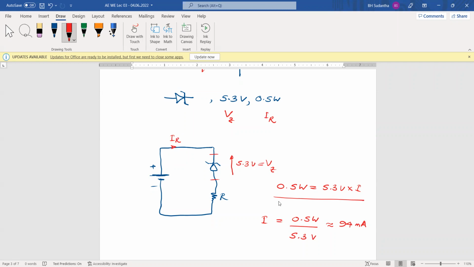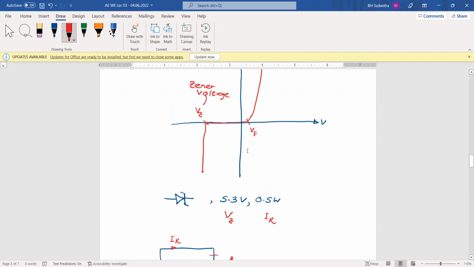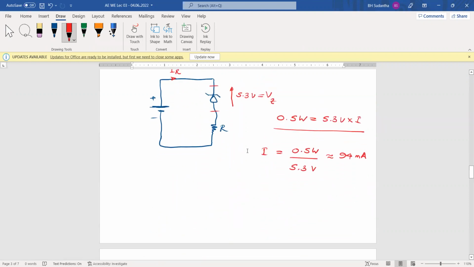When we reverse bias the Zener diode, it only starts conducting in reverse mode, and the Zener voltage is applied in the reverse bias mode. In reverse bias mode, a certain current goes through the Zener diode, which we call a reverse current. It's not a forward current, but you can use this Zener diode in forward bias mode also. Then a different current will be here. That is not reverse current, it should be forward current. Is it okay?